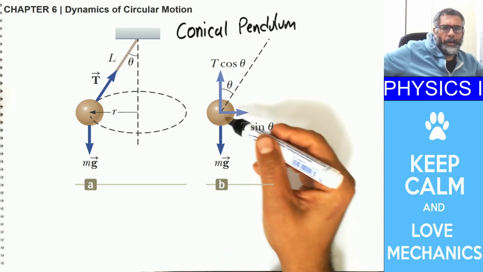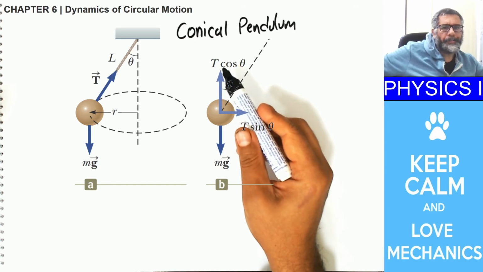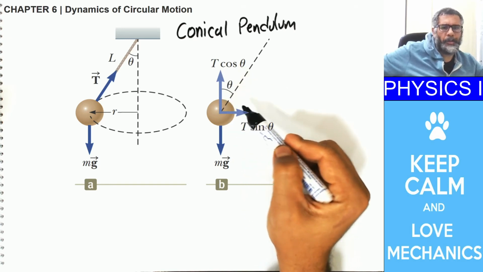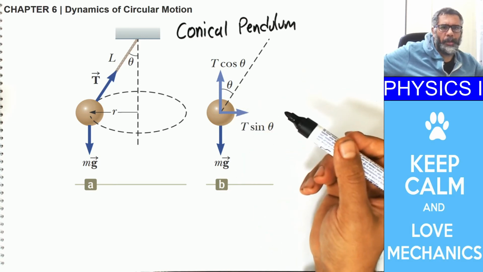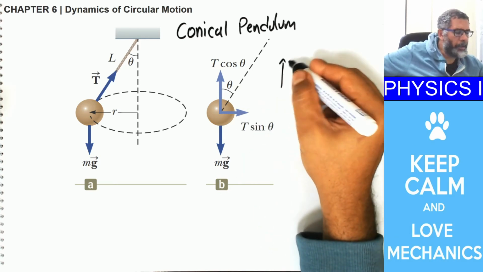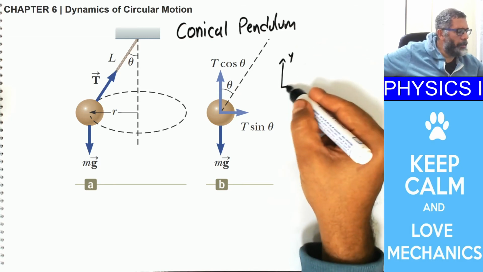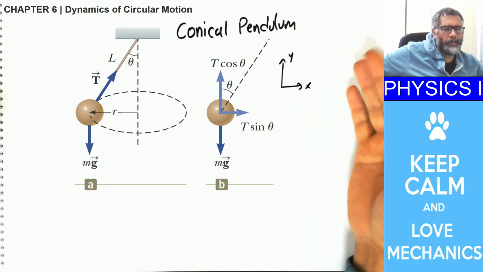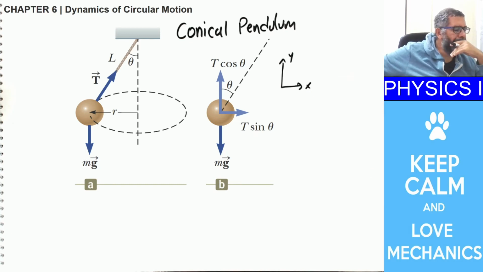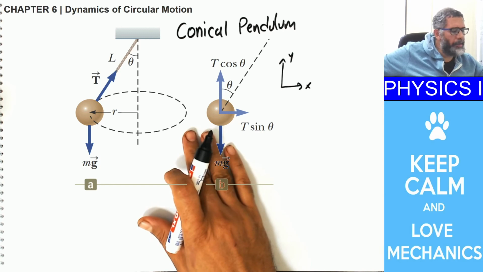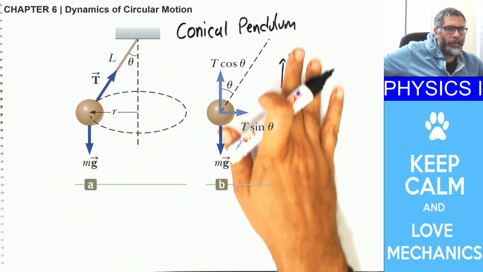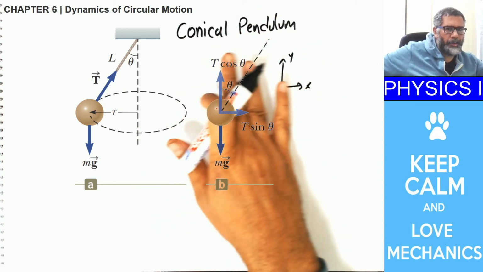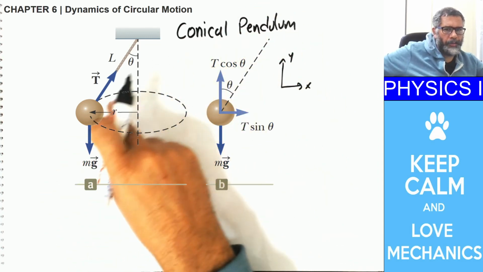So why are we decomposing this tension in both the horizontal and vertical directions? Because we will analyze the motion in Cartesian coordinates. This time we are going to use Cartesian coordinates because we are going to analyze the motion not on the circular plane but on the plane which is perpendicular to the circle of rotation.